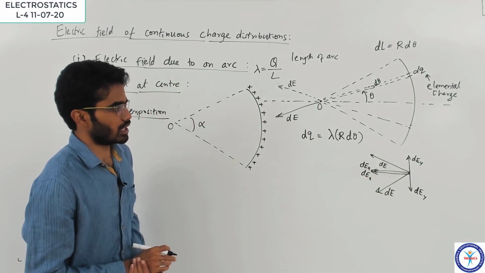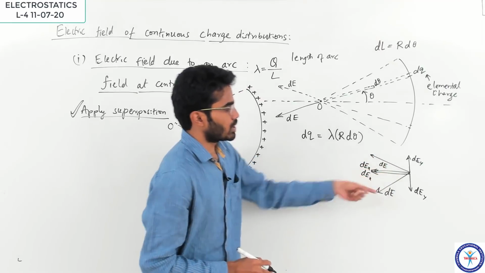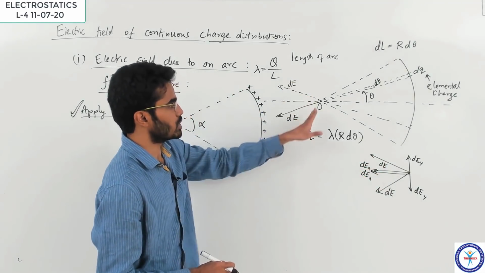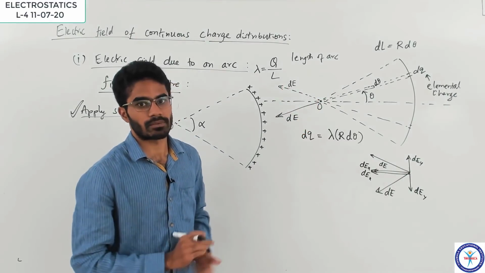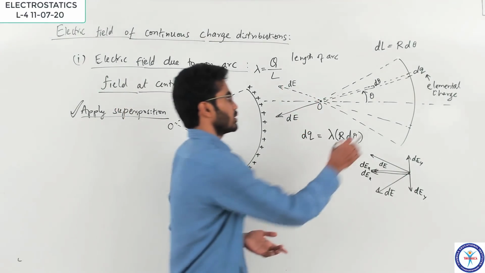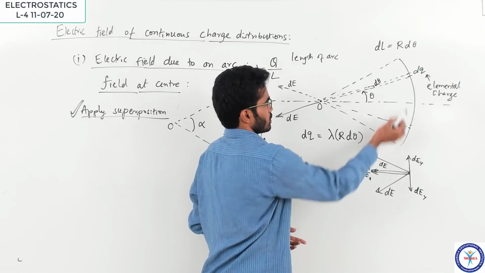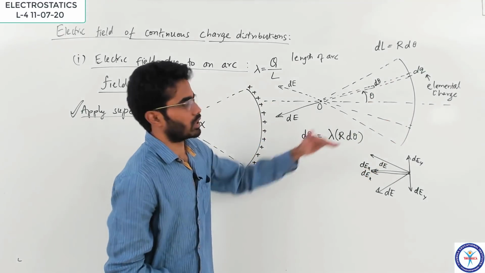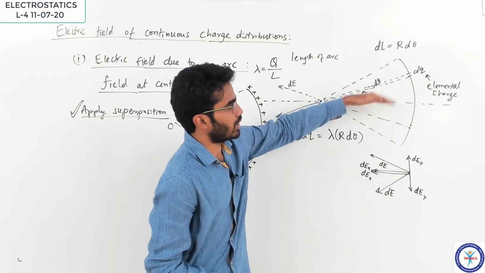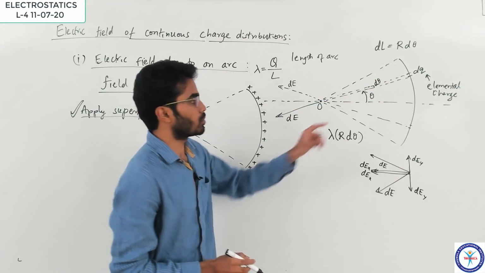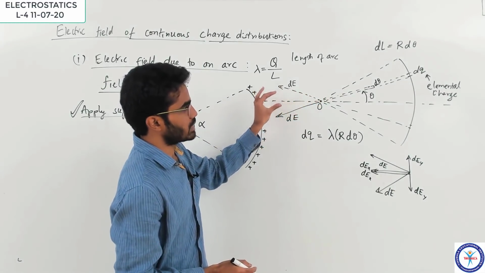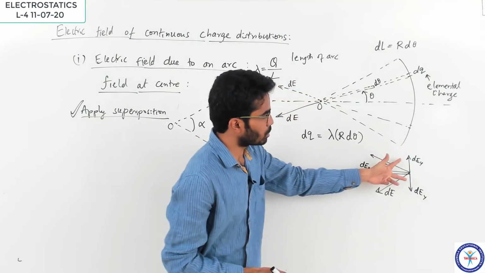Now if you look at this scenario, the vertical components are opposite in the directions, right? One vertical component is downwards, the other vertical component is upwards. So if you take any two symmetric locations, whether here or here or here or here, symmetric locations at the same angle above and below, the field produced by those two will be in such a way that their vertical components cancel out.